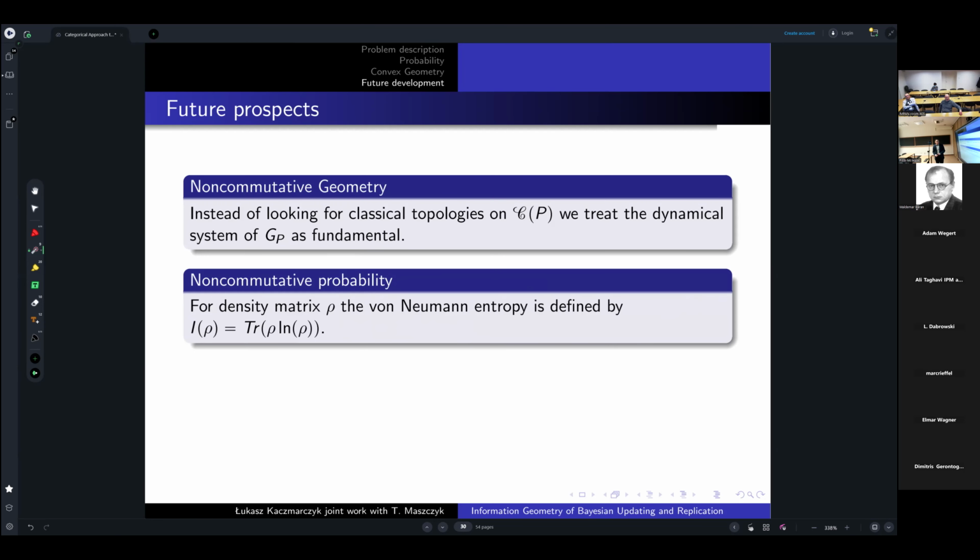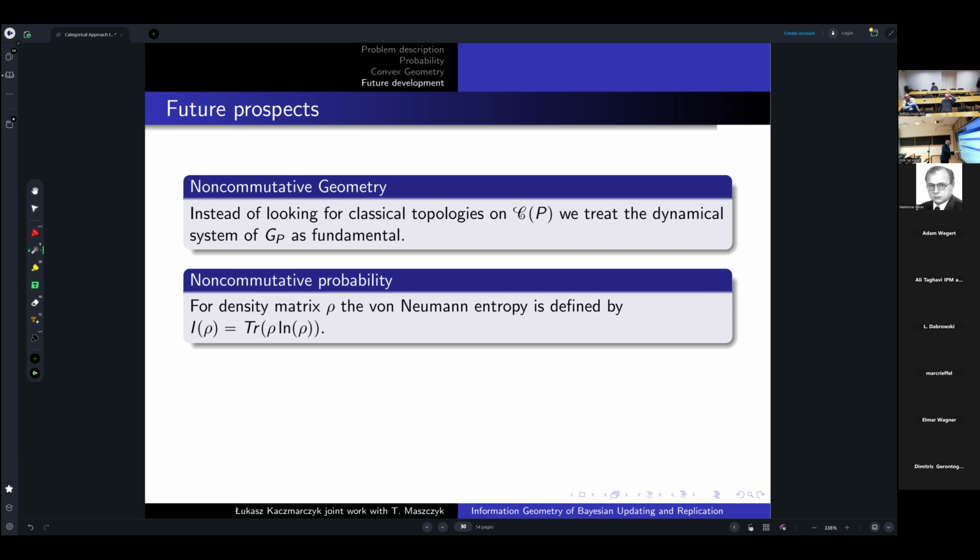The other way forward is to change the probabilistic side from the classical one to one of the non-commutative frameworks and do similar things, but not taking as our reference point the Shannon entropy, but the von Neumann entropy.